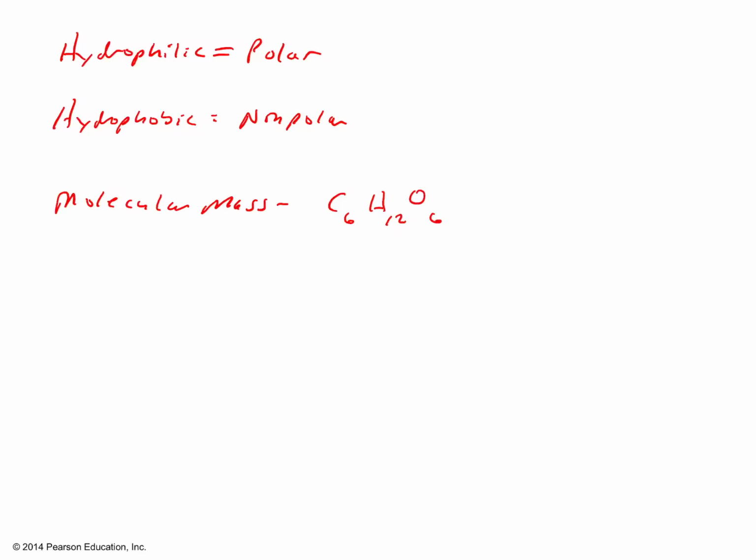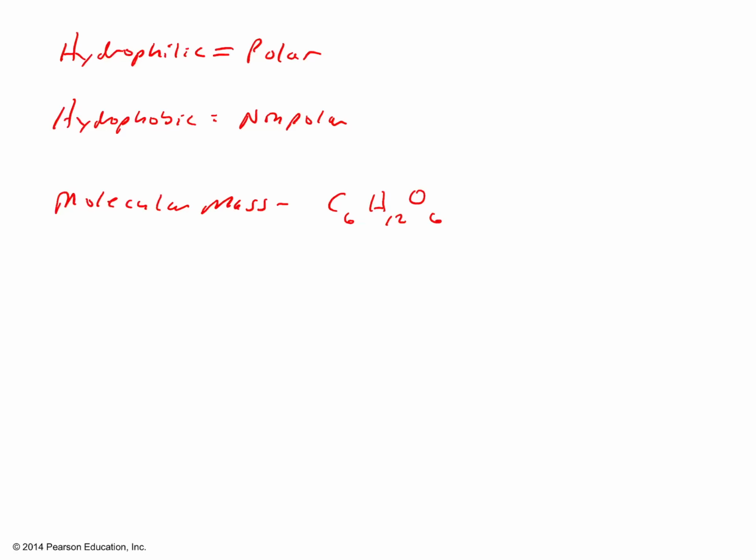That molecule as a whole has a certain amount of mass to it. If I know the weight of carbon, the weight of hydrogen, and the weight of oxygen, which I can get from the periodic table, I can add them all up, right? 6 times the weight of carbon plus 12 times the weight of hydrogen plus 6 times the weight of oxygen will give me the molecular mass of glucose, all right?